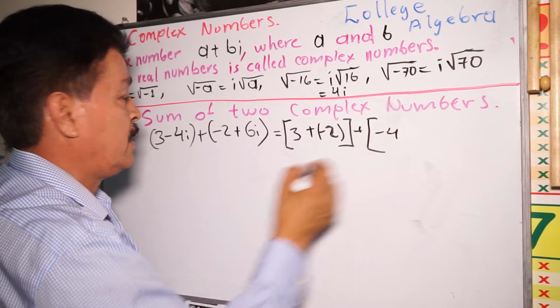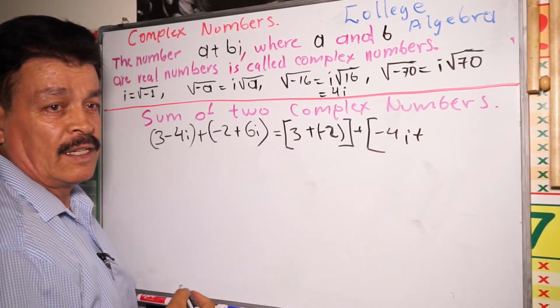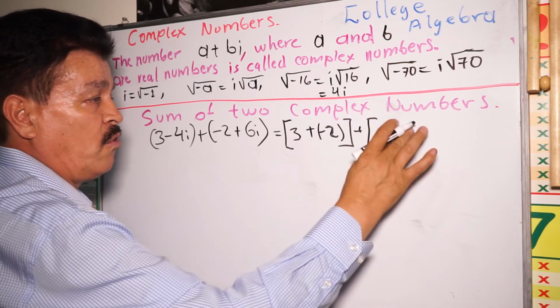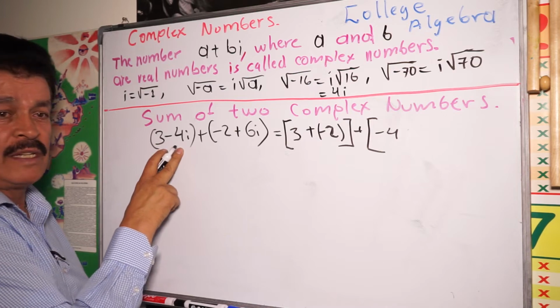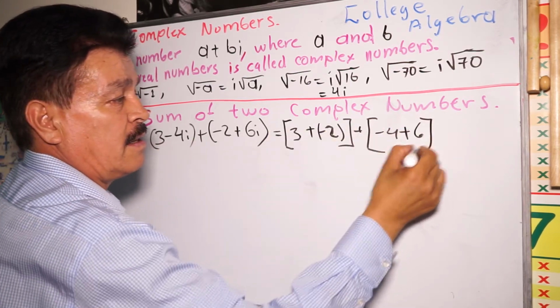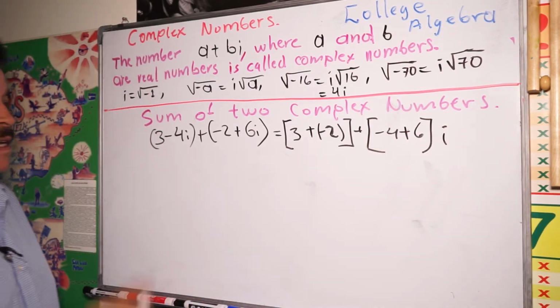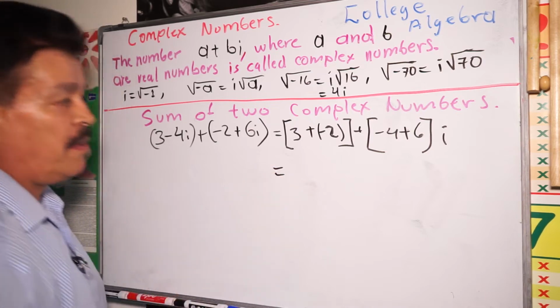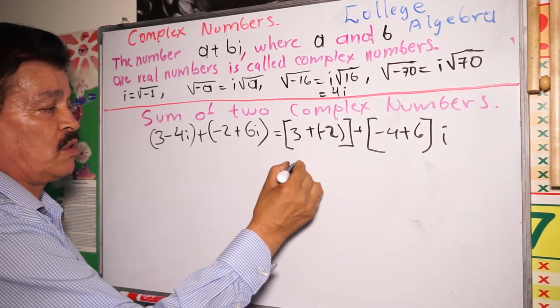It's going to be this 4i, plus, no, not 4, let's do it this way, minus 4 plus 6, okay, plus 6i. If you simplify, you're going to have here, for example, 3 minus 2 is going to be 1.